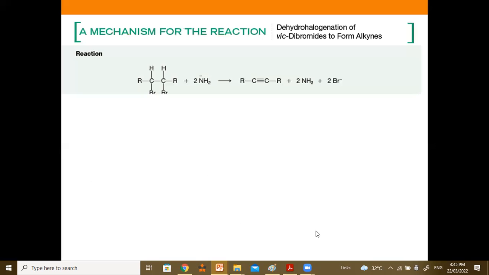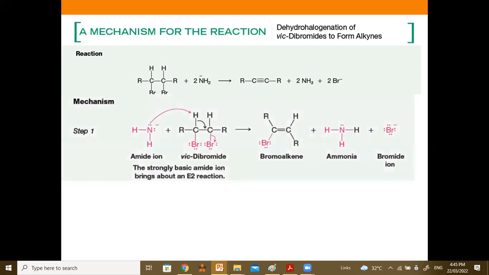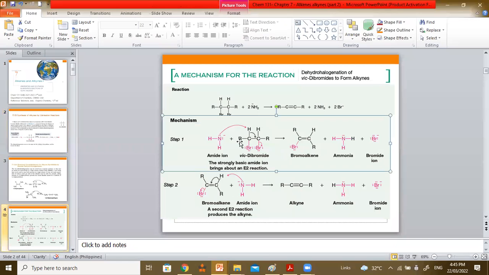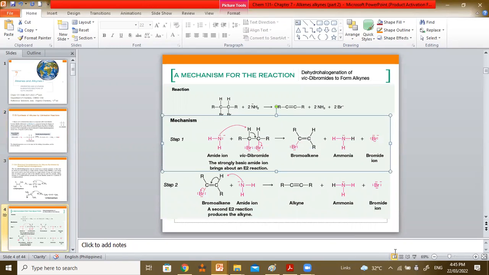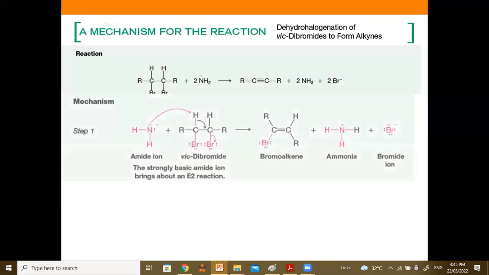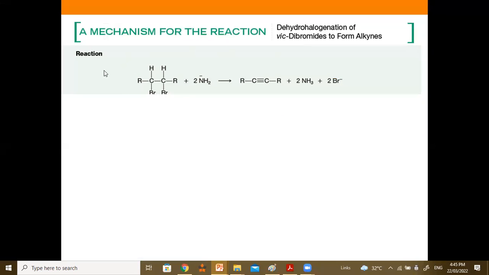So for the mechanism of that, I have already shared on the mechanism. The first step is, of course, I have already mentioned. Now, once you have already formed your vicinal dihalides, this is the general reaction.